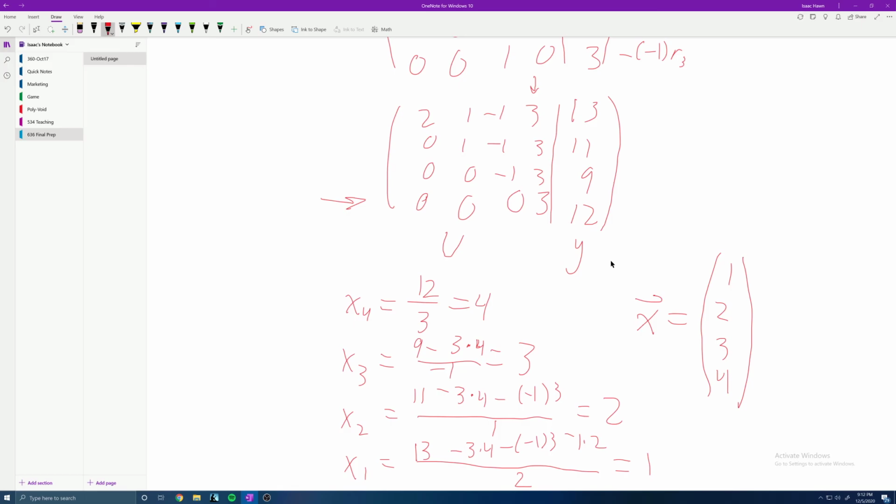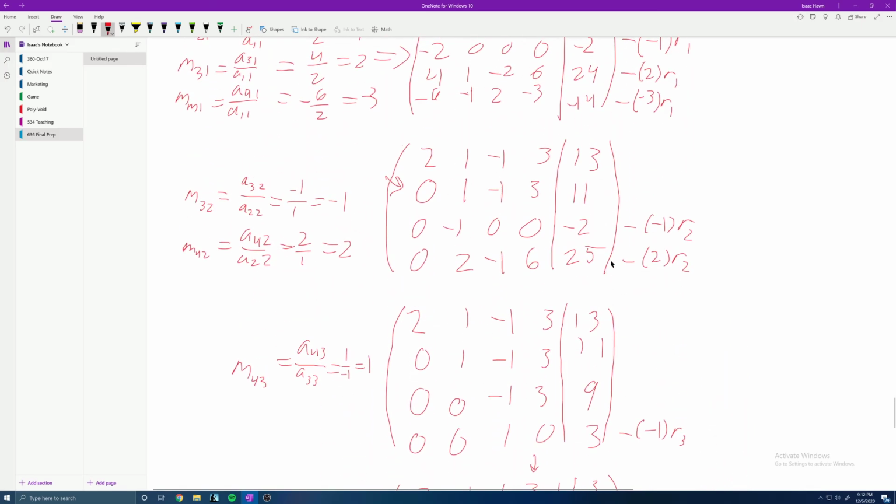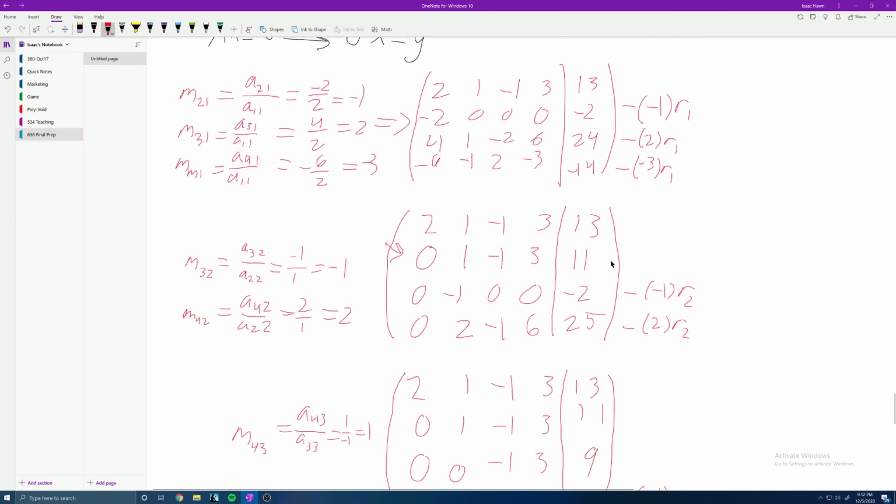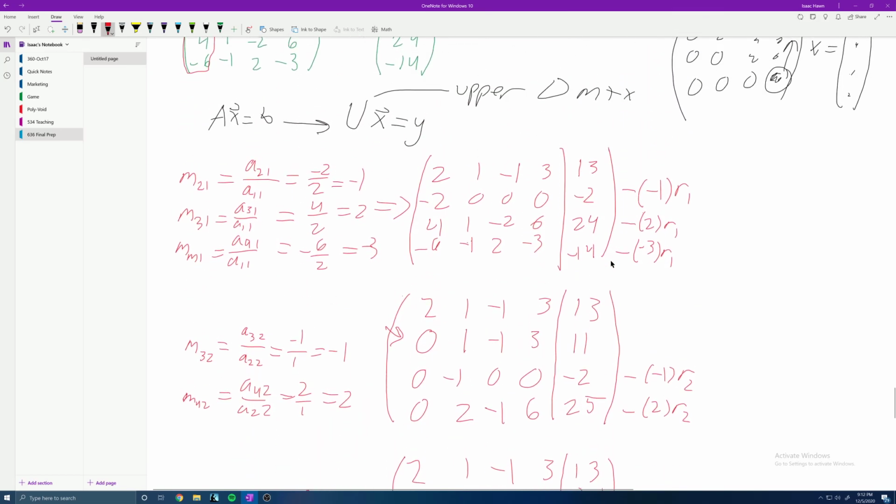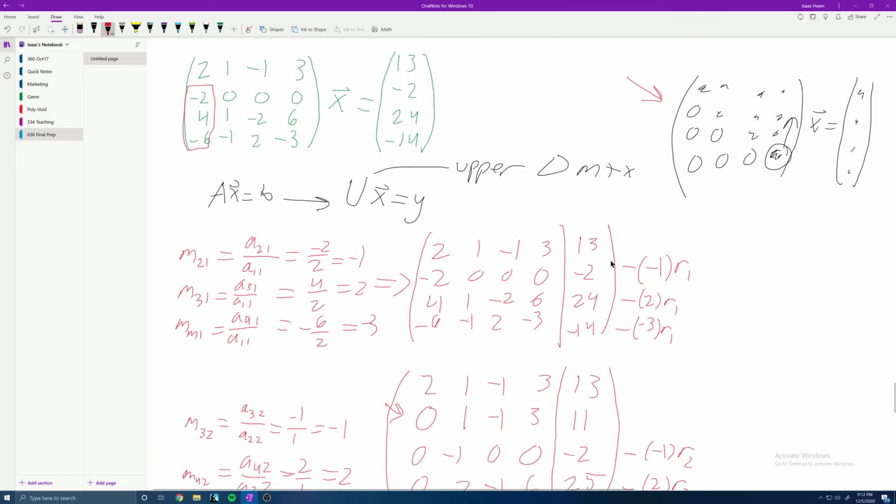One thing to note is there's an interesting property with this method: we solved it only using type 1 row operations. We didn't swap any rows. We didn't have to. And you can do that when the determinant of each leading principal submatrix is nonzero. Let me write in a different color here. Do a fun one.